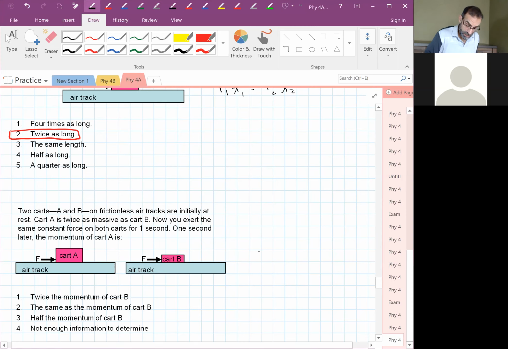What is the change in momentum? Force times time.